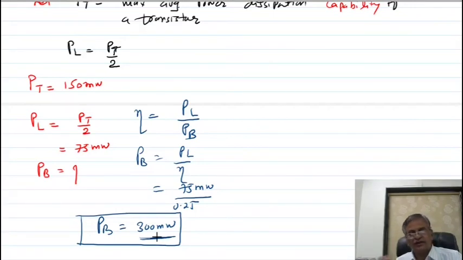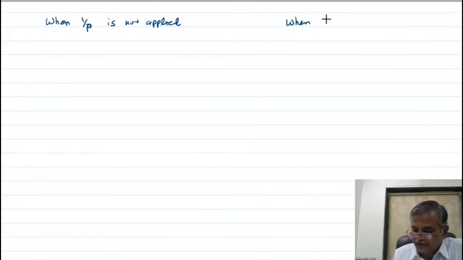Okay. Now whatever I have discussed, let me summarize in a table. So I am writing like this: when input is not applied to the amplifier, what will happen? Suppose my PB is 300 milliwatt.